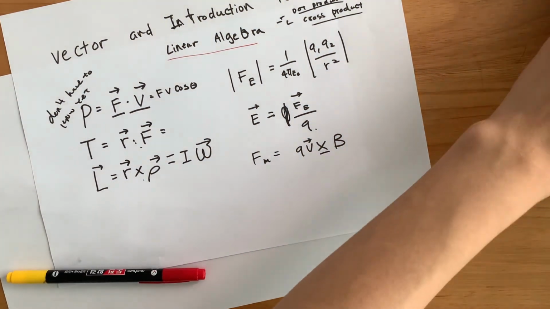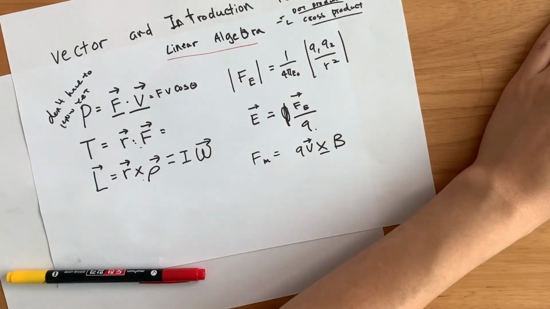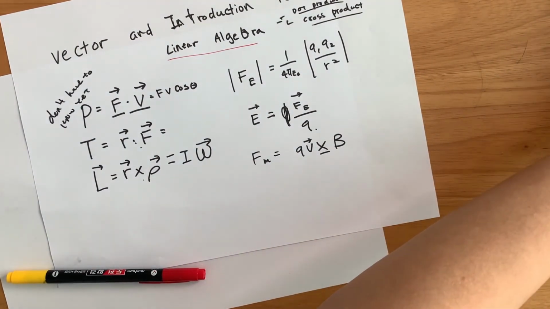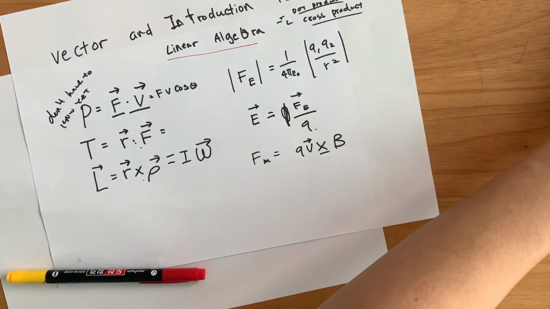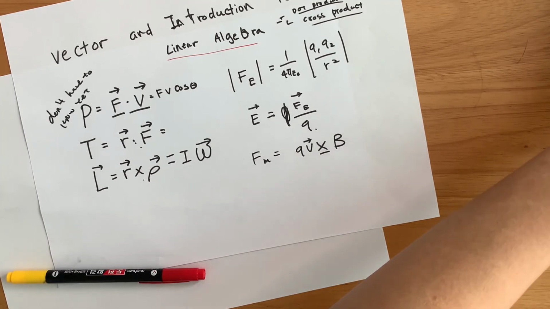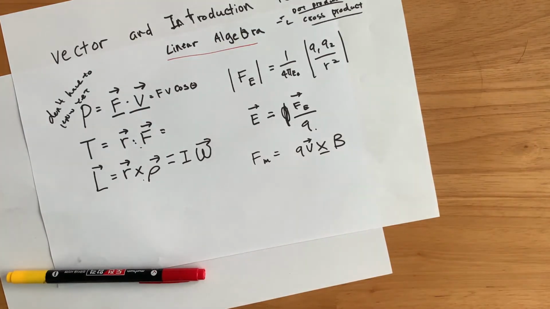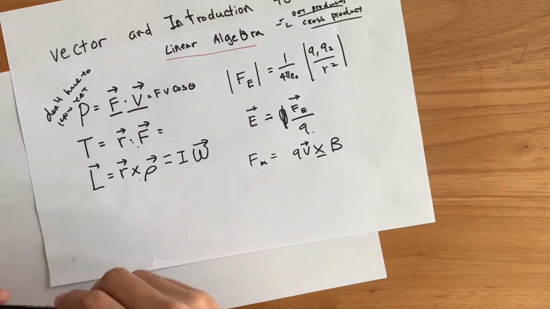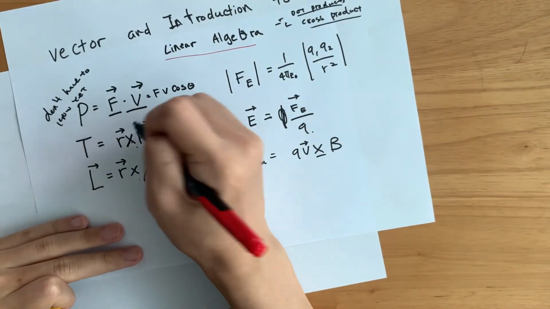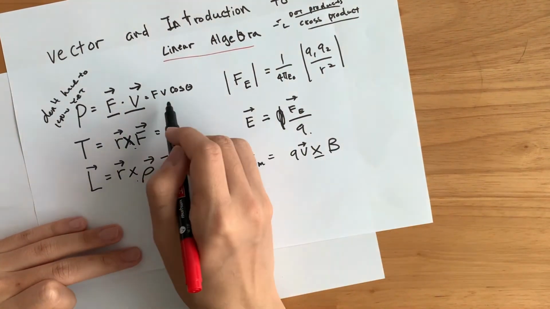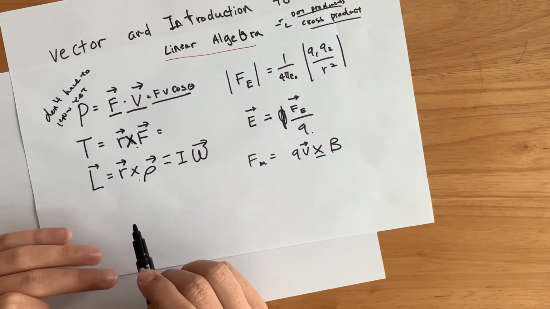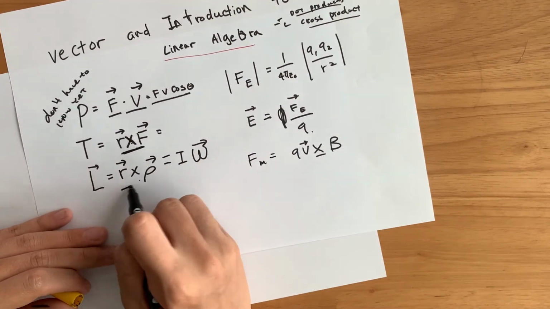Give me a second. Actually, sorry, this one I didn't talk to you about. This should be X. This is cross product, so this can be represented like this. But now we've got to talk about cross products.